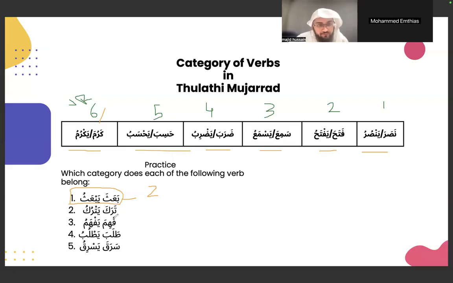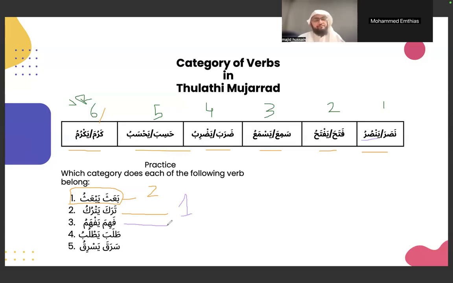Now, the second one we have, taraka yatruku. Taraka yatruku. Which bab will this be from? Ahsant, this will be from the bab nasara yansuru. If you keep on using these terms, nasara yansuru, it will help you memorize it at the same time. Then the second one, fahima yafhamu.